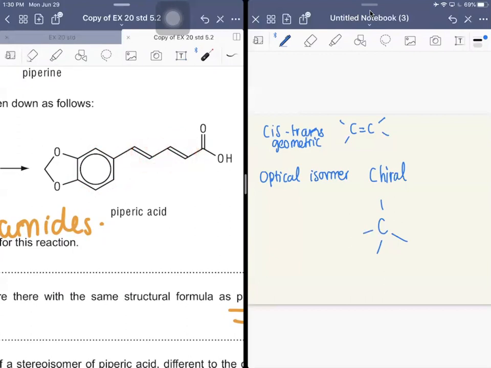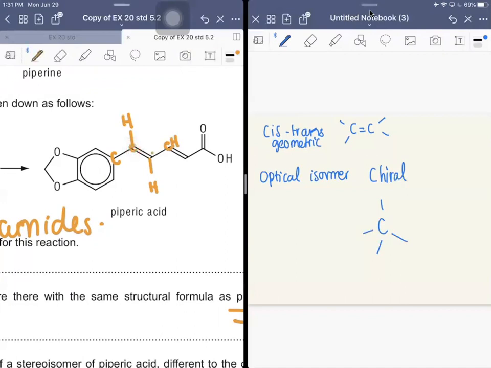But we need to check if there is a double bond, and whether they have a cis trans. If I draw it out, if we look at the first cis trans, technically there should be a hydrogen there, and this would be a carbon. This would be a CH. If you look at each carbon here, let's just draw that out.